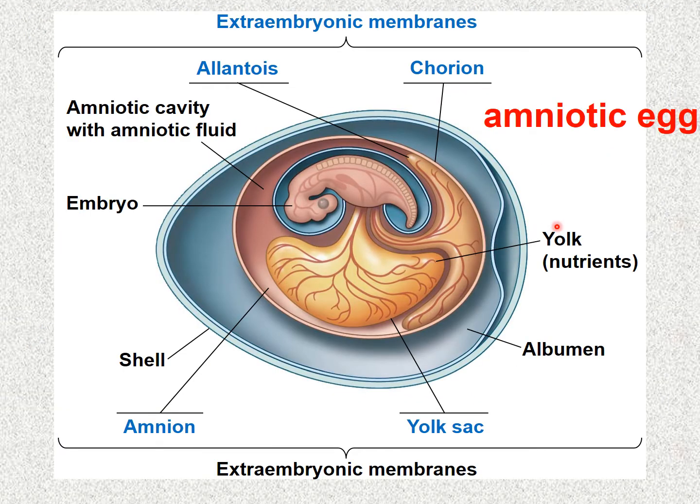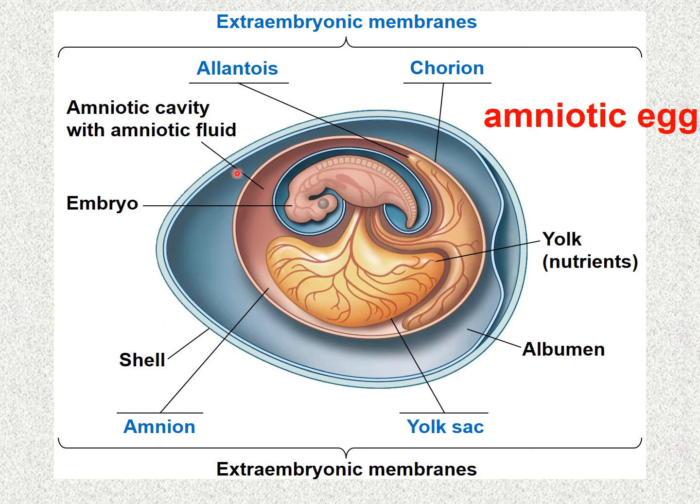So let's take a look at the amniotic egg. The amniotic egg has four key extraembryonic membranes. These membranes are the allantois, the chorion, the amnion, and the yolk sac. Now, of course, the egg has a shell which protects it from desiccation.